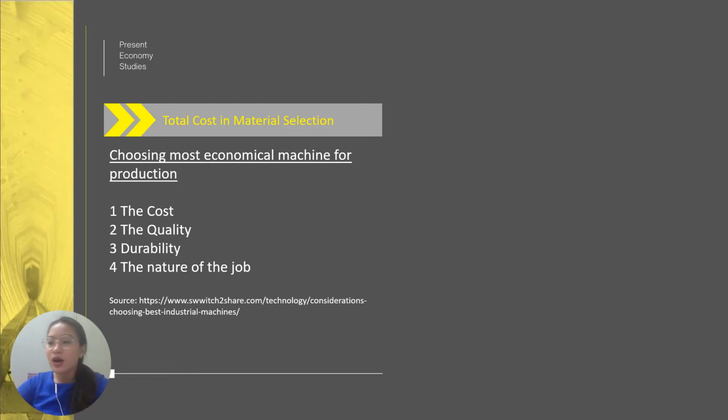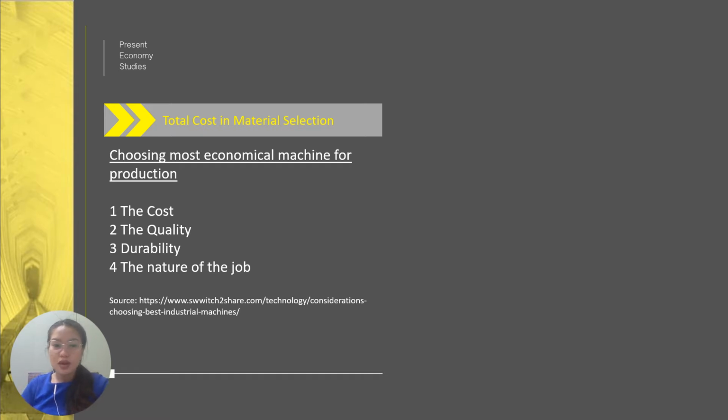We have an example for this subtopic, which is posted in the lecture notes. I got this from an online source, additional resources for this topic. So there are considerations when choosing the best industrial machines.